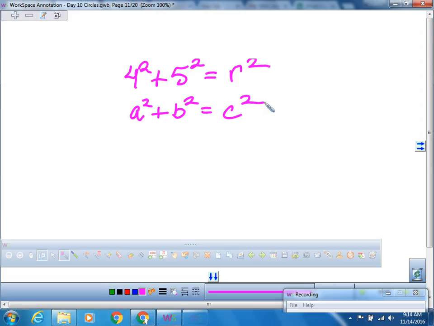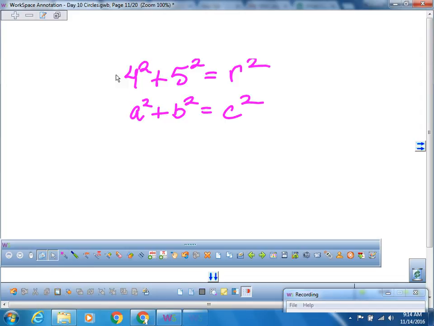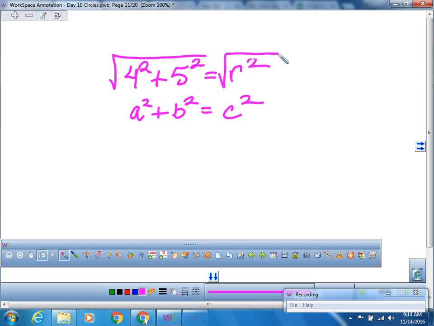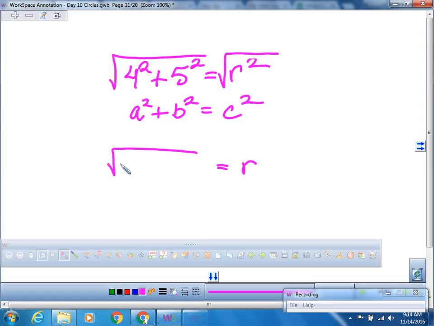But I can also write it like this. True? R equals the square root of 4 squared plus 5 squared, correct?